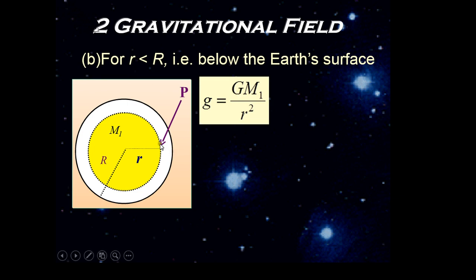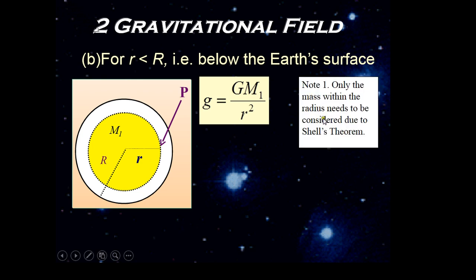Notice the field at this point P, listen carefully, is due to the mass enveloped by that sphere of radius r, at a certain r away. So you only need to consider the mass within it.